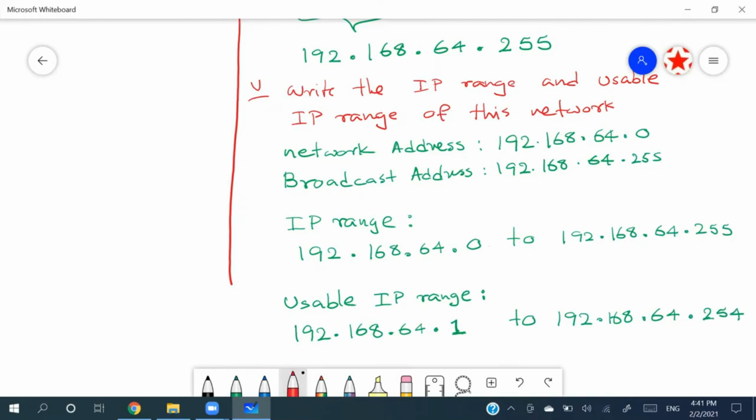Right, so this is the next address of the network address, and this is the previous address of the broadcast address.